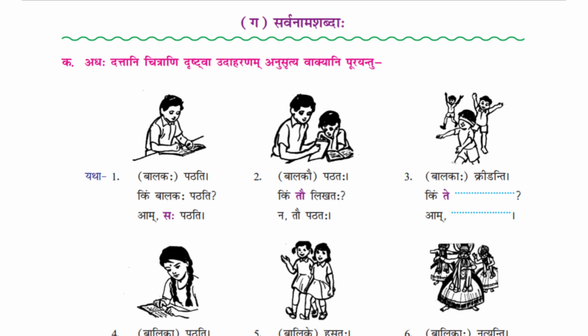Are they playing? Te kridanti. Yes, they are playing. So instead of balakaha, balakau and balakaha respectively, we can use saha, tau and te as pronouns to say he, those two and they all.